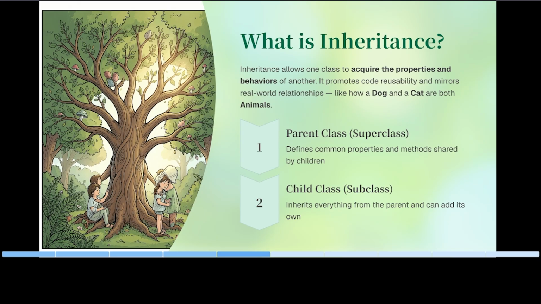Imagine a father owns a house, bike, car, and so on. His son automatically inherits them. Similarly, in Java, a child class can inherit the properties and methods from the parent class by using the extends keyword. We will see the extends keyword later.